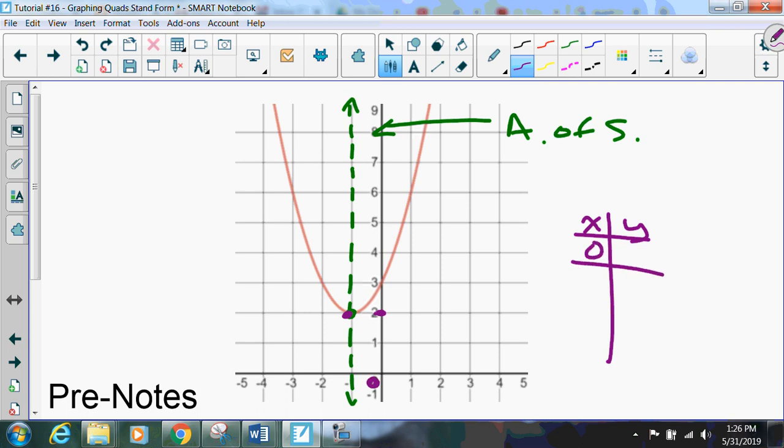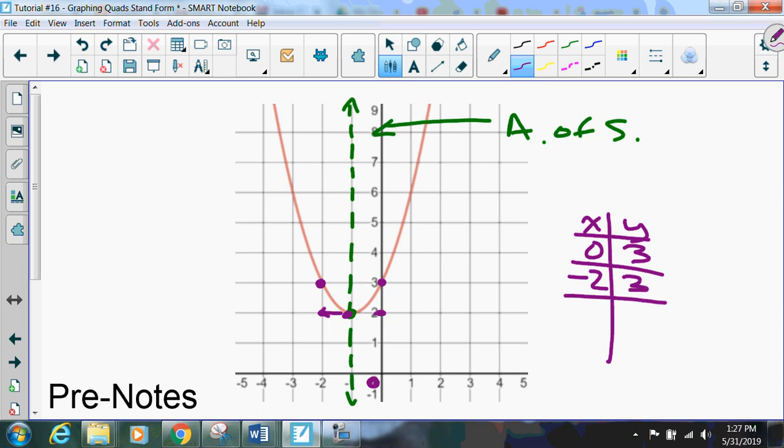And we can see in this graph that when x is 0, y is 3. And also, because it's symmetrical, if we move 1 to the left from this vertex, when x is equal to -2, y is also right there at 3.